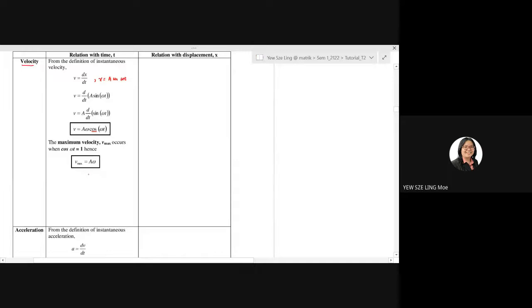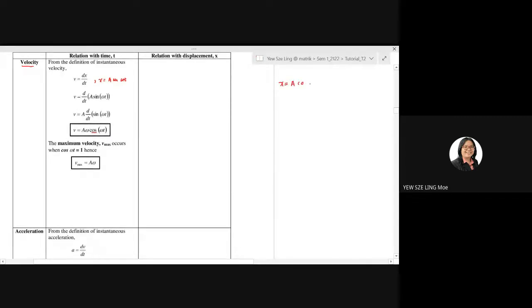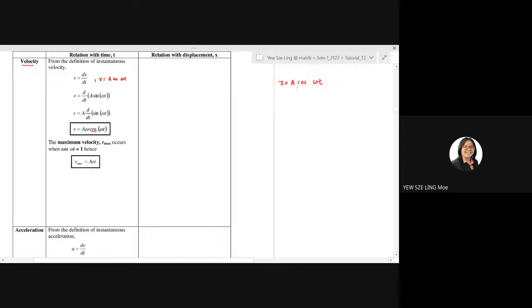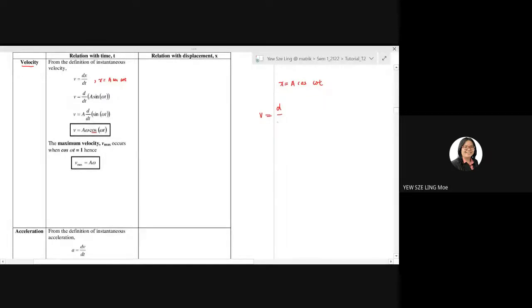Now, let's say you're given the equation in terms of cos. Sometimes questions give you x equals a cos omega t. Then you have to differentiate a cos omega t. So v equals d over dt of a cos omega t.